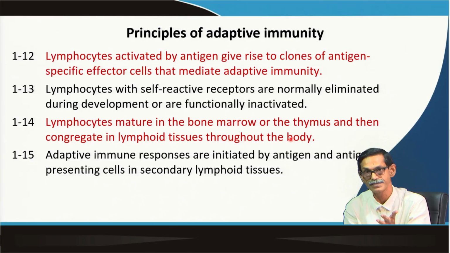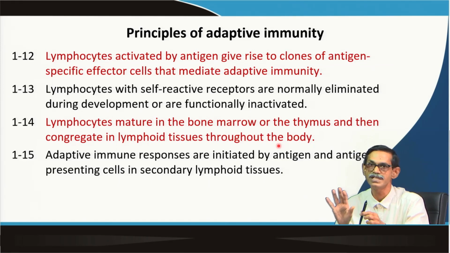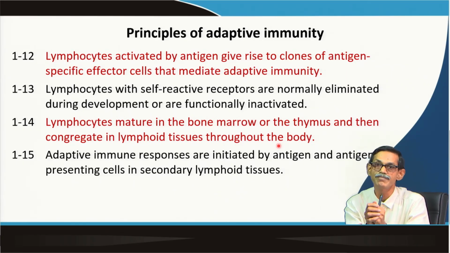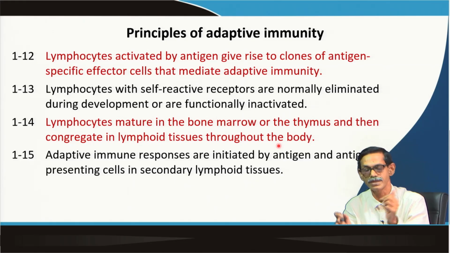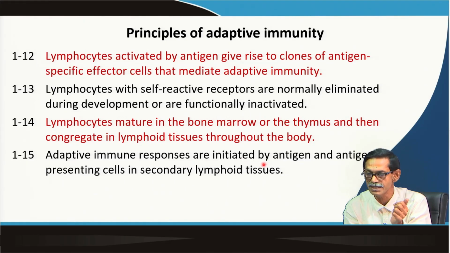So B cells mature in bone marrow and T cells mature in thymus, then they come to the peripheral blood, and they reside in lymph nodes, that we will see later, and from there they do their job.